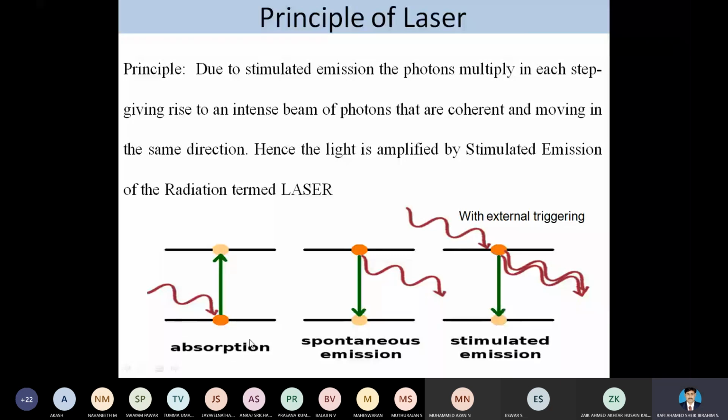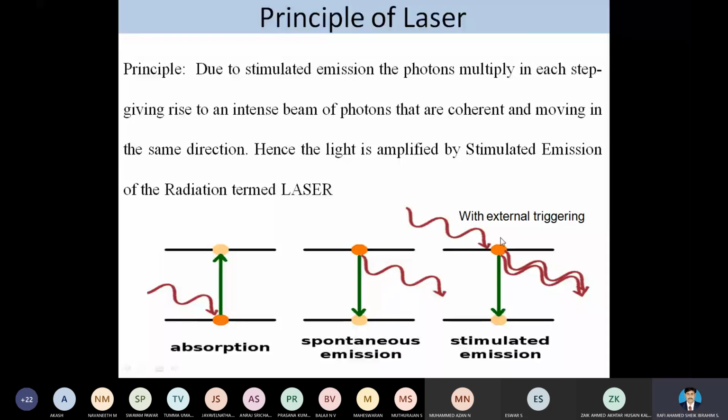Absorption means ground state to the higher state by gaining the input applied energy. When the atom in the higher state jumps to the ground state without energy, it's called spontaneous.